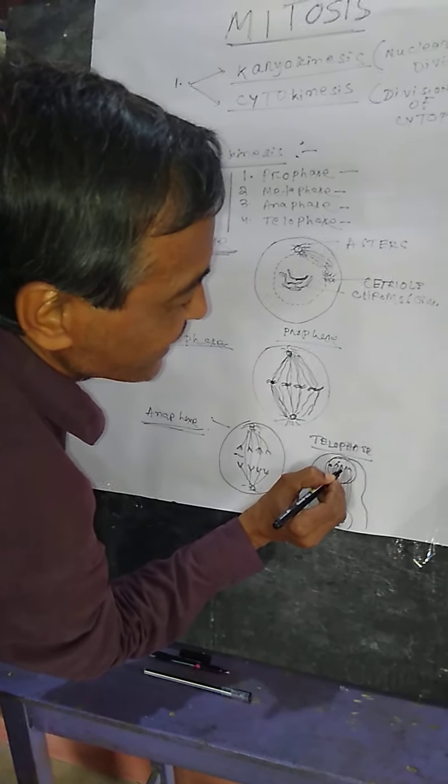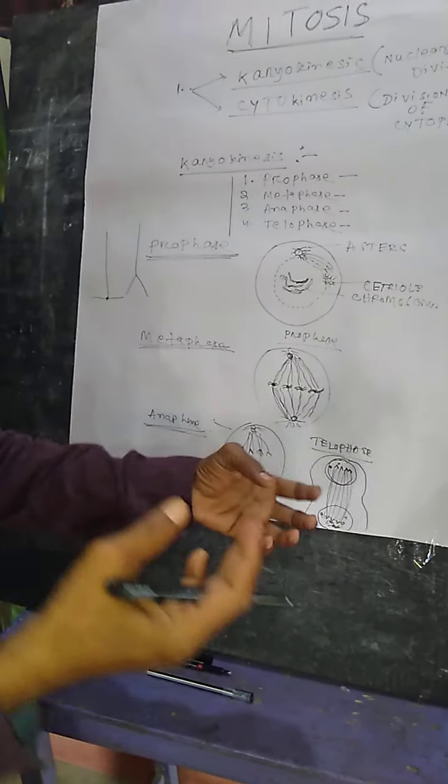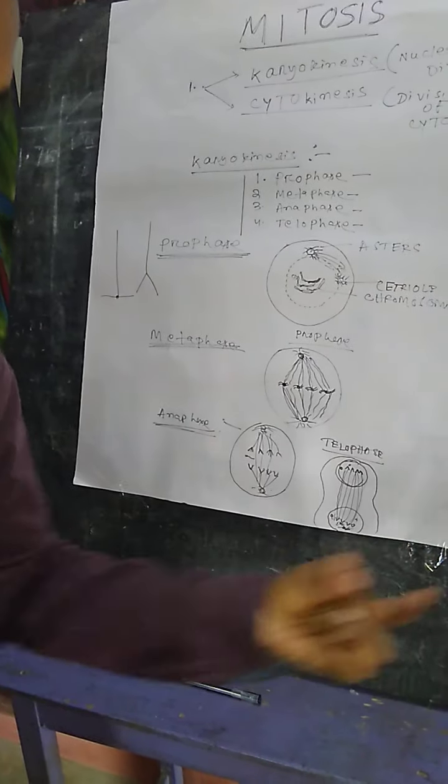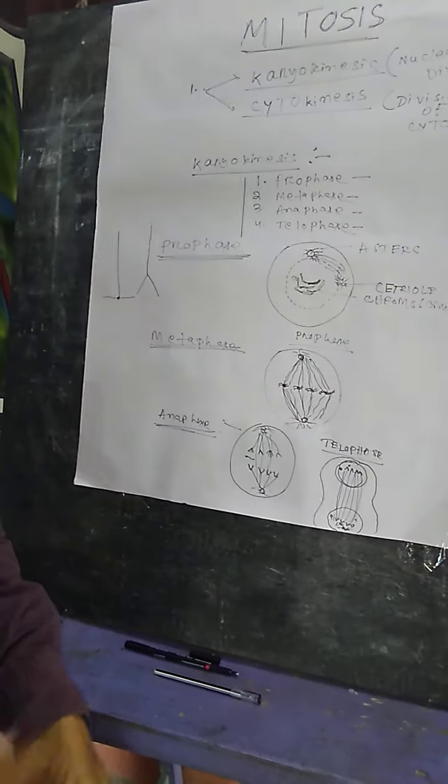The chromosomes become uncoiled, thin and longer, just opposite to prophase.